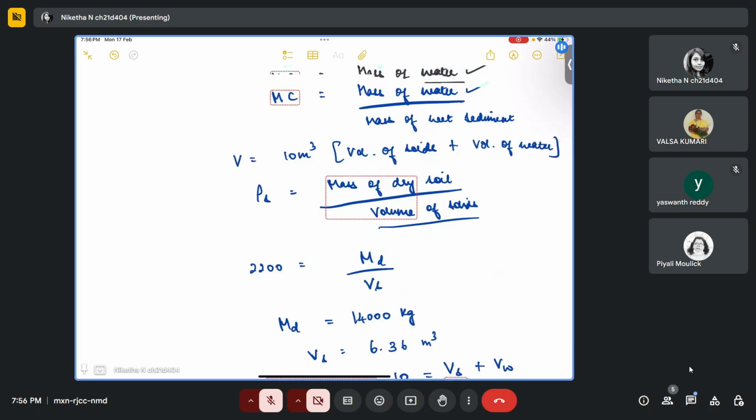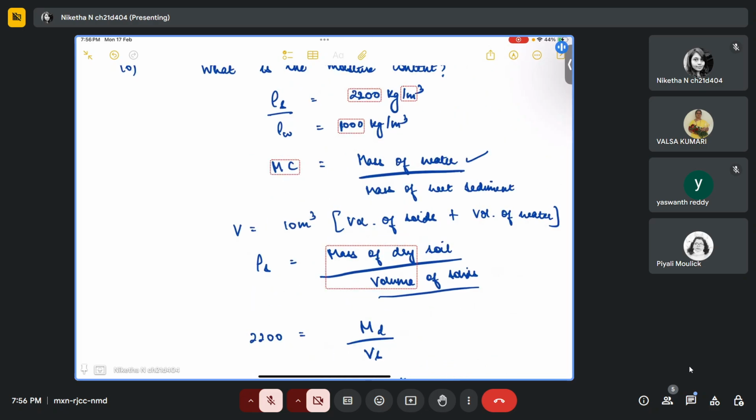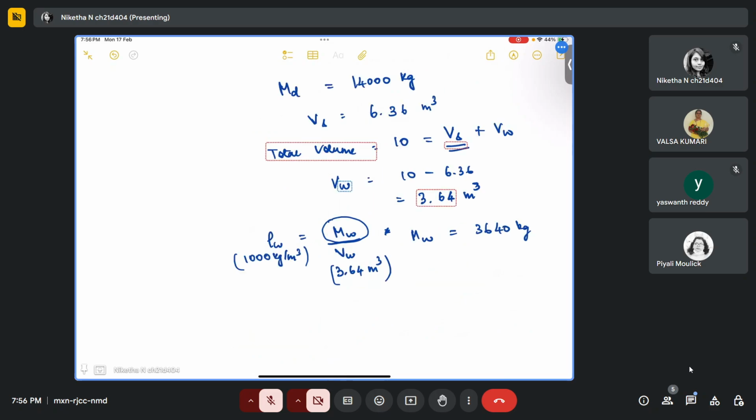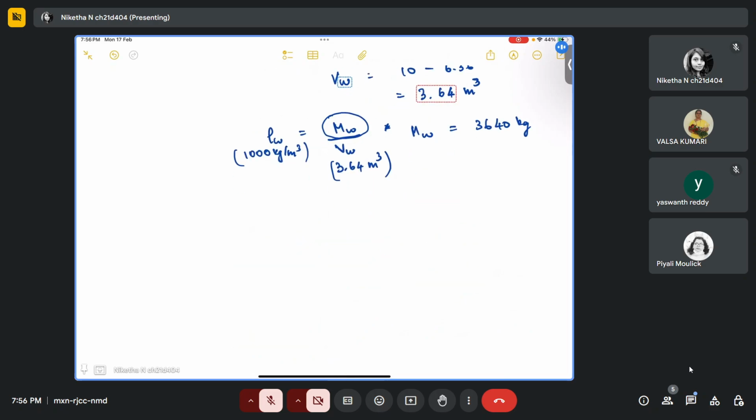So now to find the moisture content, we have the mass of water. We also need the mass of wet sediment. The mass of wet sediment will be the mass of solids and the mass of water.